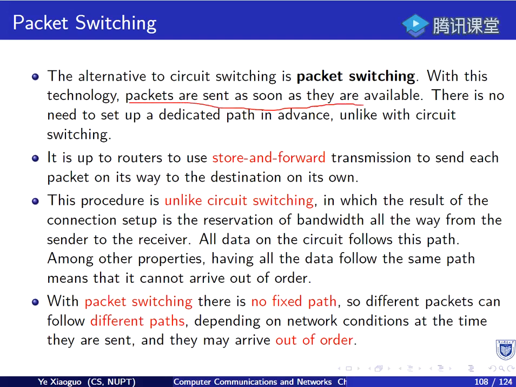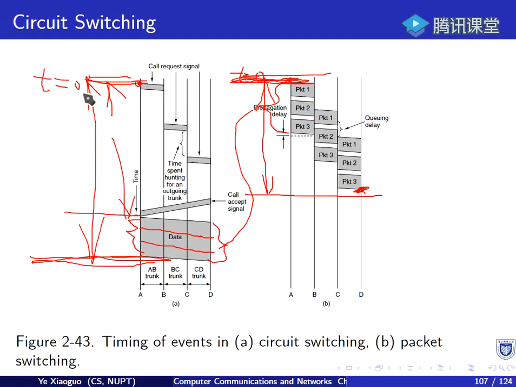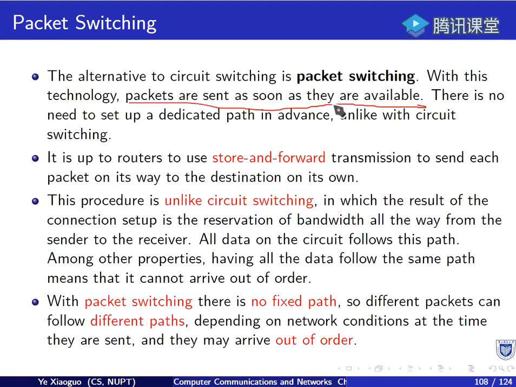There is no need to establish a path, no need to set up a dedicated path in advance, unlike with circuit switching. It is up to routers to use store and forward transmission to send each packet on its way to the destination on its own.